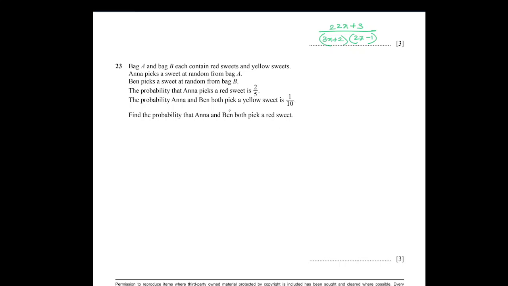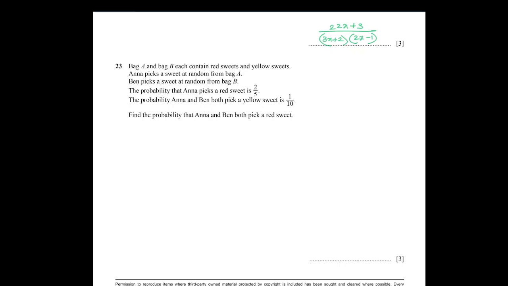Now to find the probability for Anna and Ben, we need to know the probability that Ben picks a red sweet. We already know the probability of Anna picking the red sweet. For Ben's probability we need to use the probability of Anna and Ben both picking a yellow sweet.